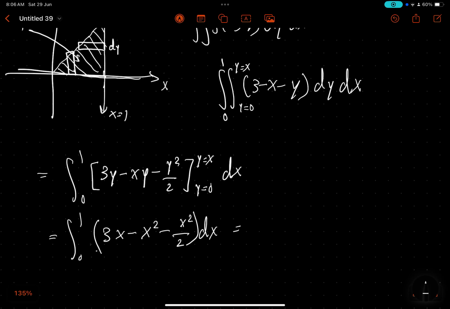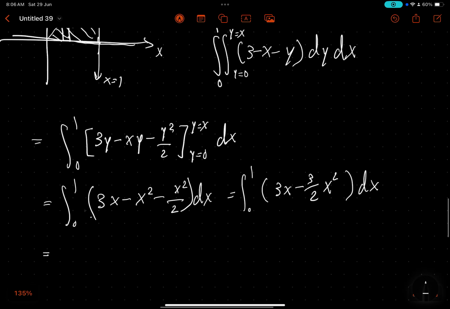Which equals the integral from 0 to 1 of 3x minus 3 over 2 x squared dx.